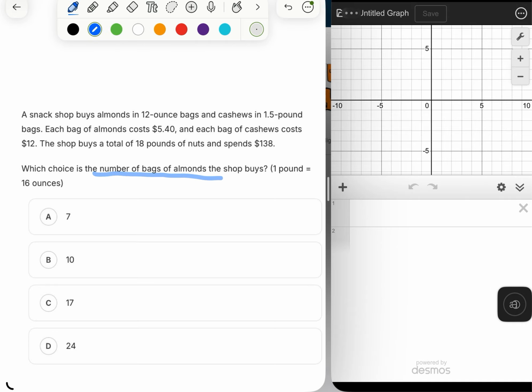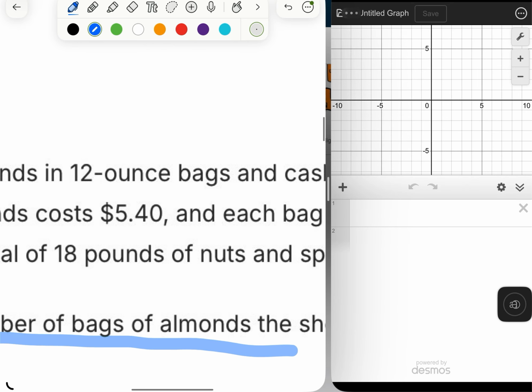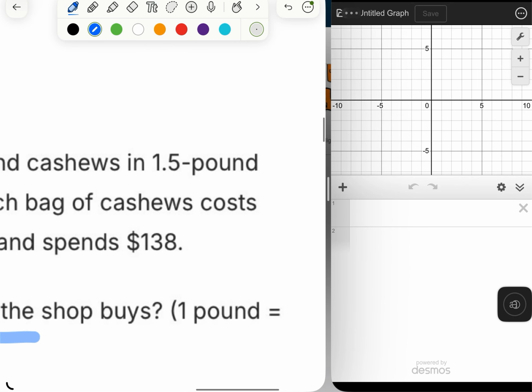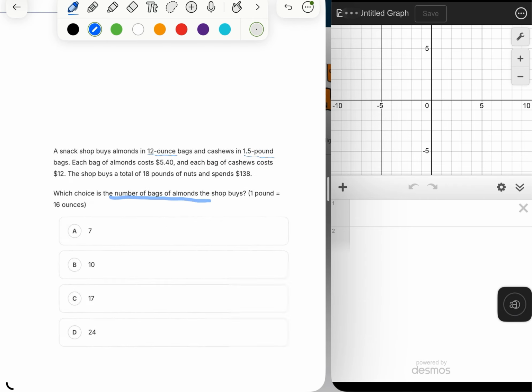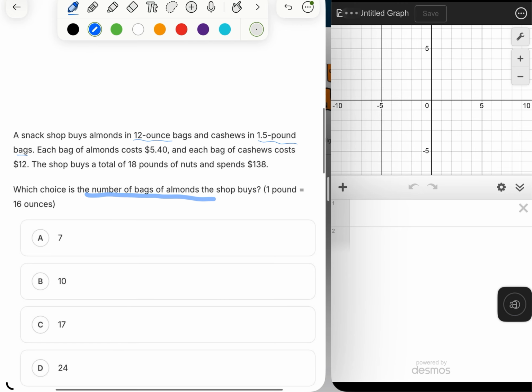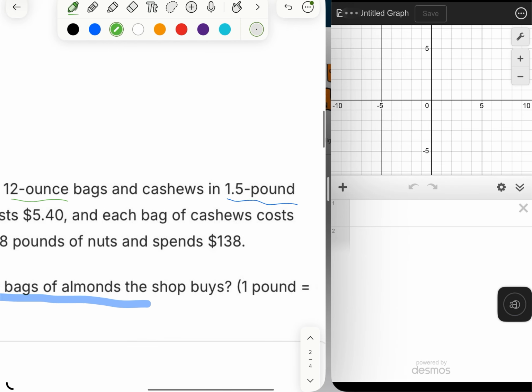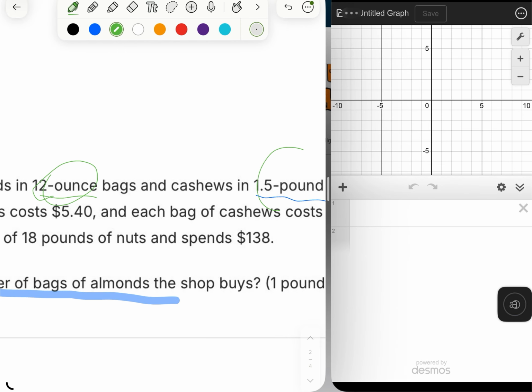And if you look at what the problem gives us, it tells us that they buy almonds in 12-ounce bags and cashews in 1.5-pound bags. Well, what you'll realize is that they're not the same unit. One is in ounces and the other one is in pounds.